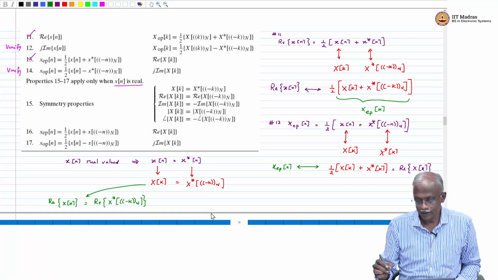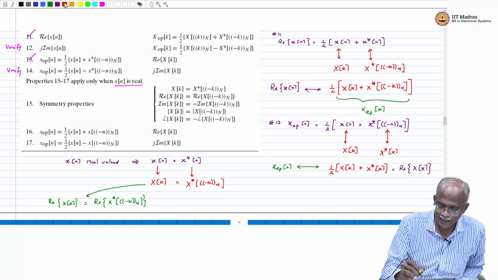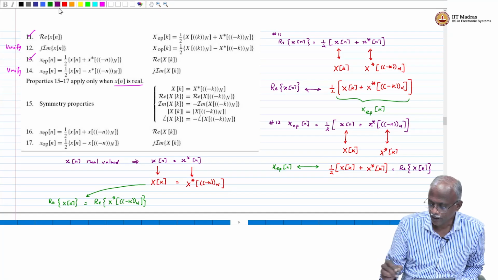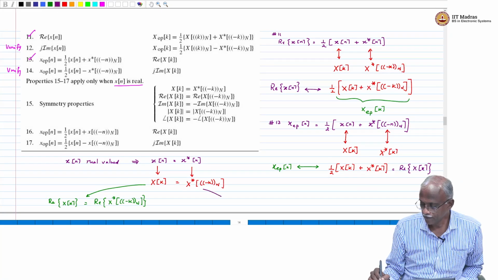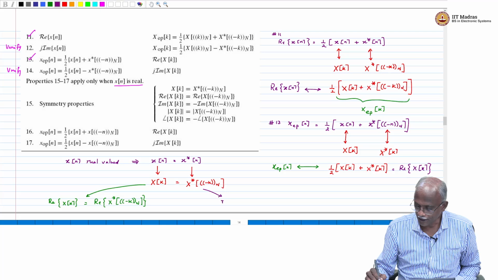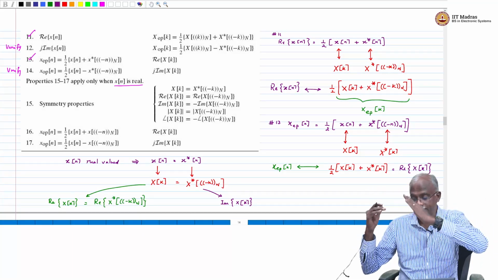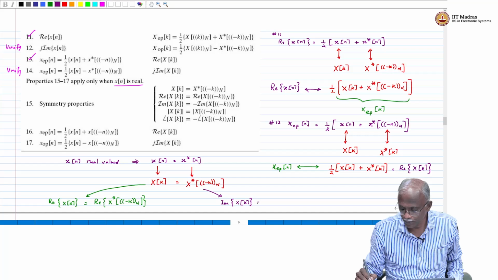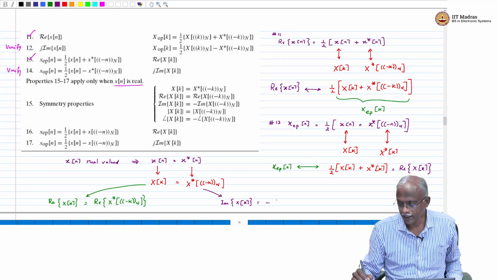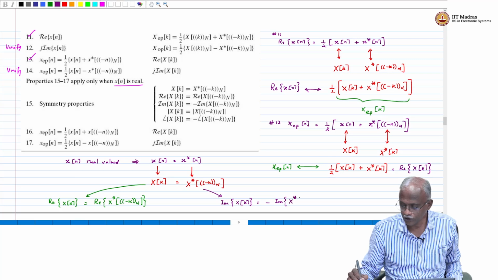And correspondingly we can get a second relationship from here by comparing the imaginary parts. The imaginary part of x of k, when you take the conjugate, will be equal to the negative, so this will be equal to a minus sign times the imaginary part of x conjugate of minus k modulo n.